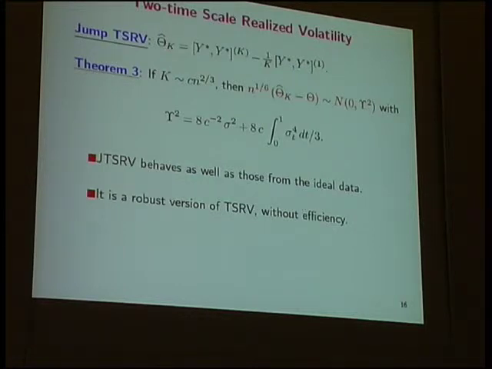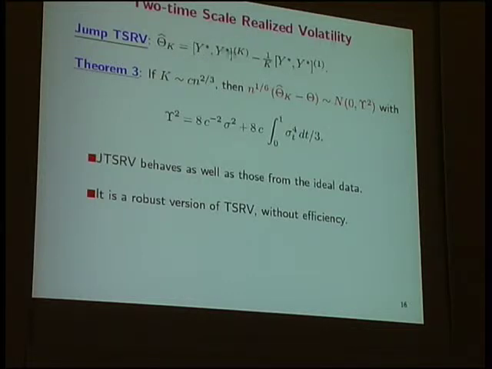Because of this, now if I apply two scales, that I call a jump two-scale realized volatility, just adding a J to it, it means that the two-scale realized volatility is applied to the situation where data contain jumps. So now I could compute this, right? This is a jump removal process applied to two-scale realized volatility.